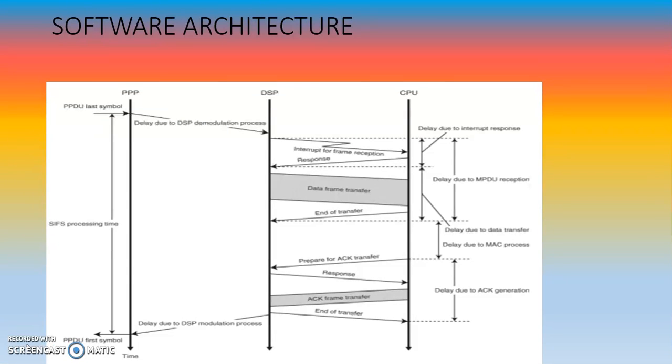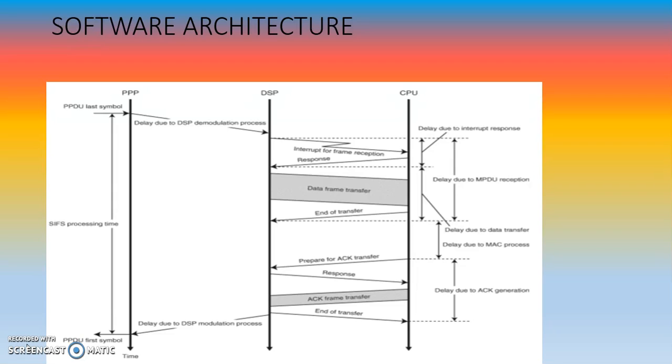For the PPDU first symbol, the delay occurs due to the DSP modulation process. For the PPDU last symbol, the delay occurs due to the DSP modulation process. In this case, the function assignment for the CPU and DSP is ideal. So the delay elements of the SIFS process can be represented in the diagram.